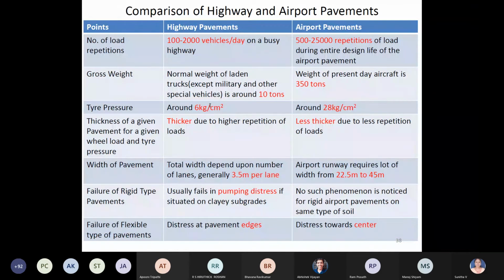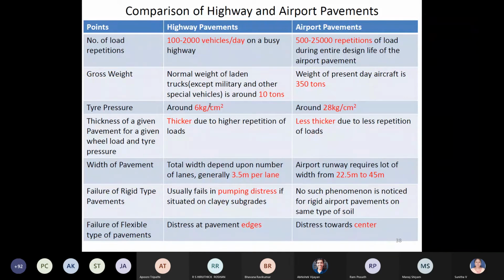Then failure. These are general statements, not always true. For failure of rigid pavement in the case of highways, there will be pumping distress. In a rigid pavement you can see joints in between. If you have a weaker pavement, or if water happens to enter inside, this water will come out even after the rain stops, through the joints or cracks.